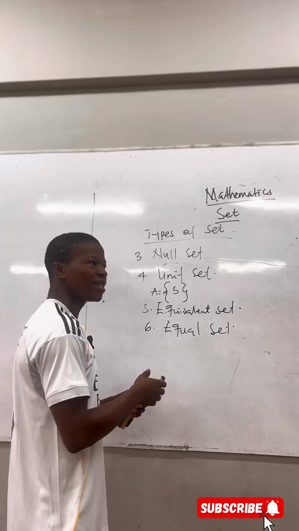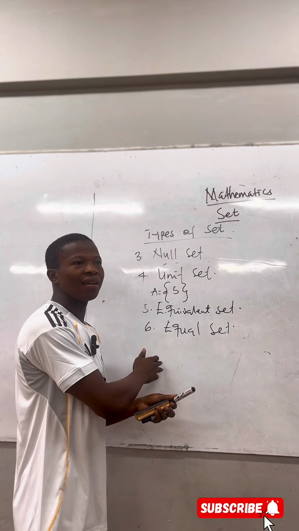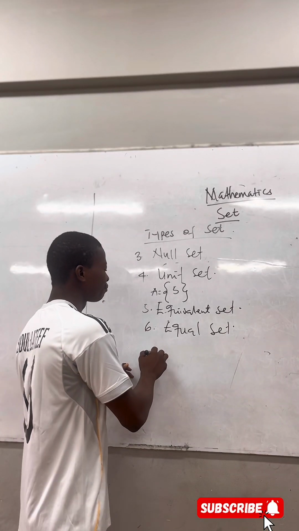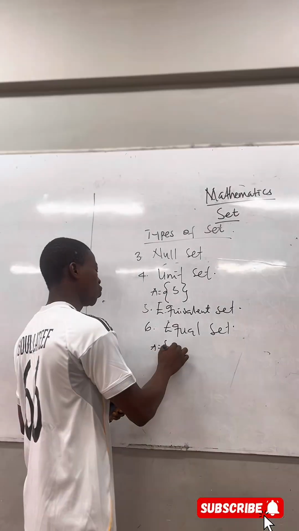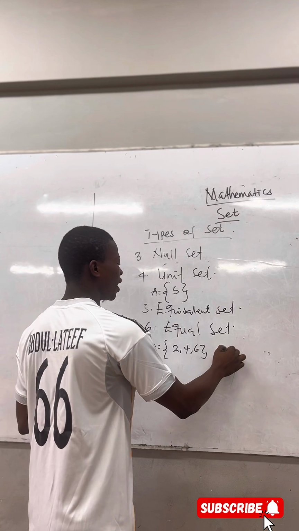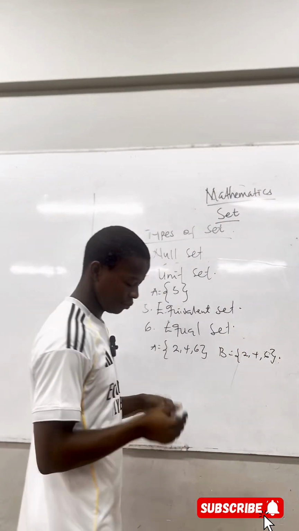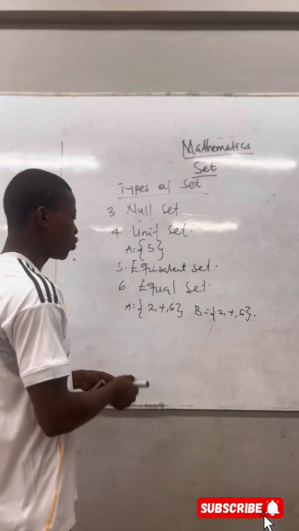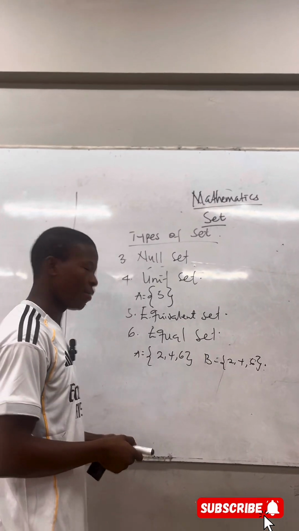Equal set means that the elements in A are the same elements in B. So if we have A as 2, 4, 6, and B as 2, 4, 6, that's an equal set.